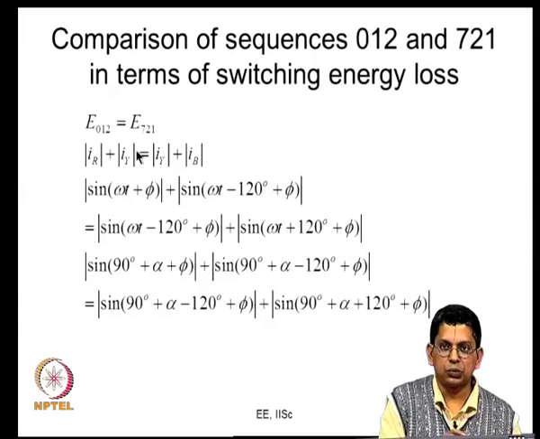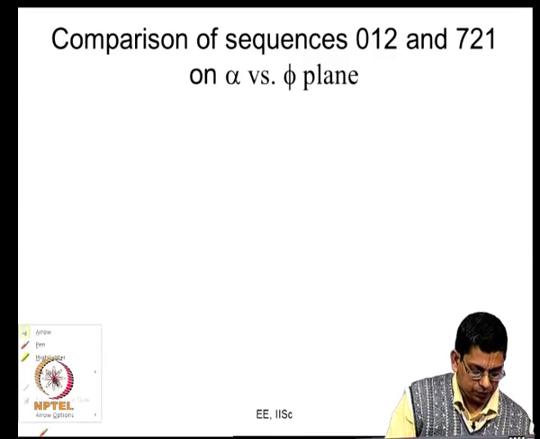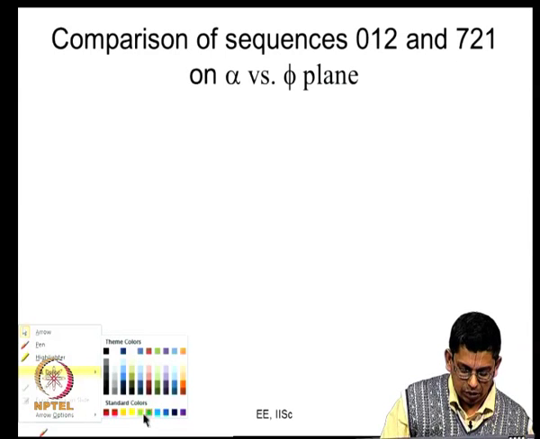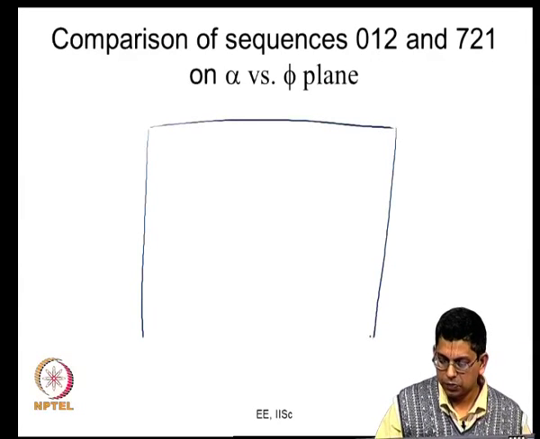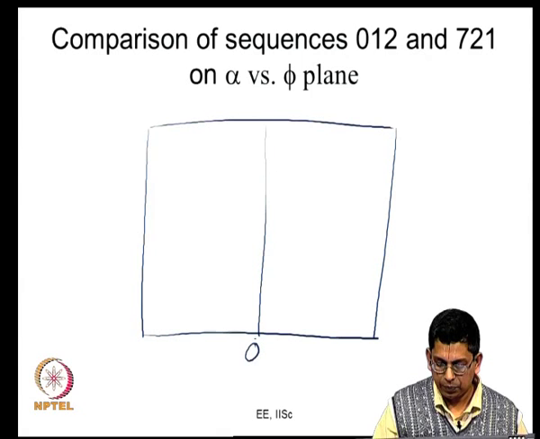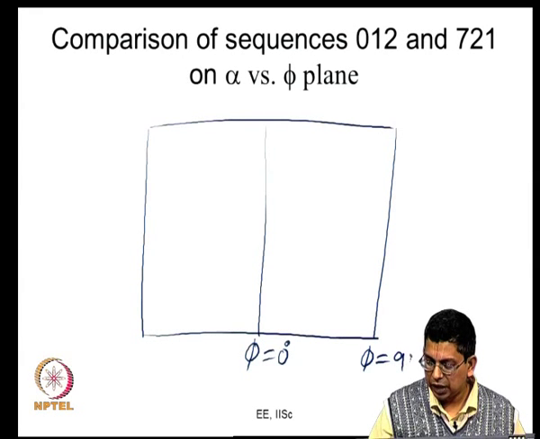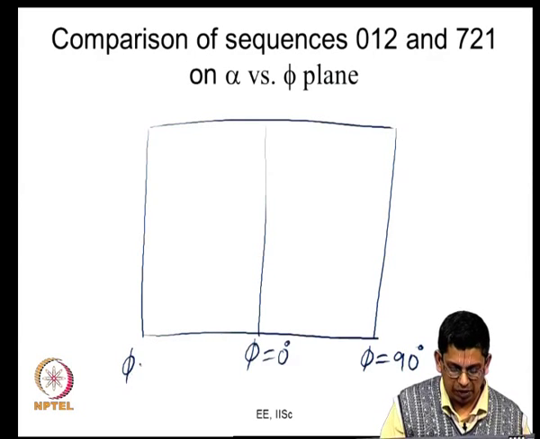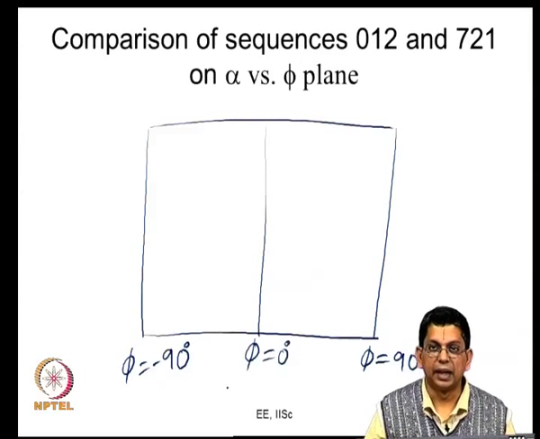So, you can compare these two sequences now. You can actually represent it like this. Let us say you consider a particular box. Here, this is the power factor angle: phi is equal to 0 degree, phi is equal to 90 degree, phi is equal to minus 90 degree. So, one side it is leading, the other side it is lagging.